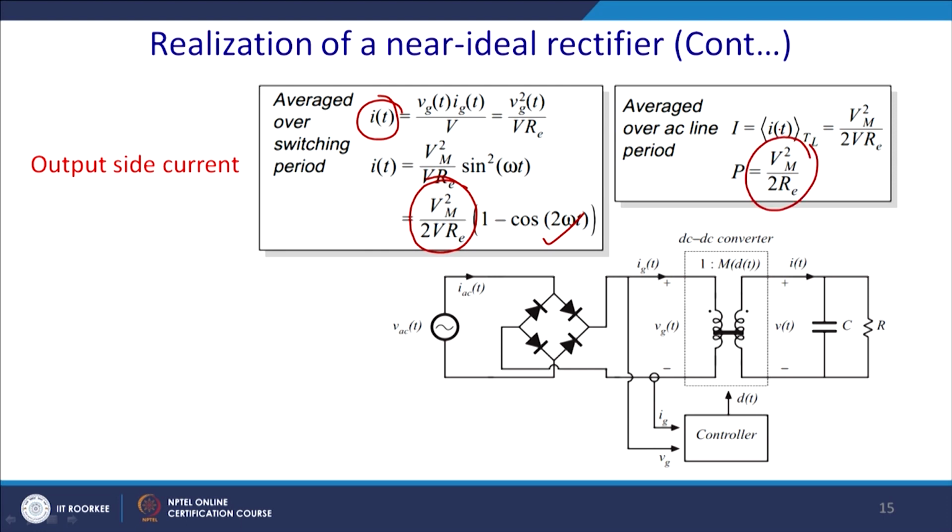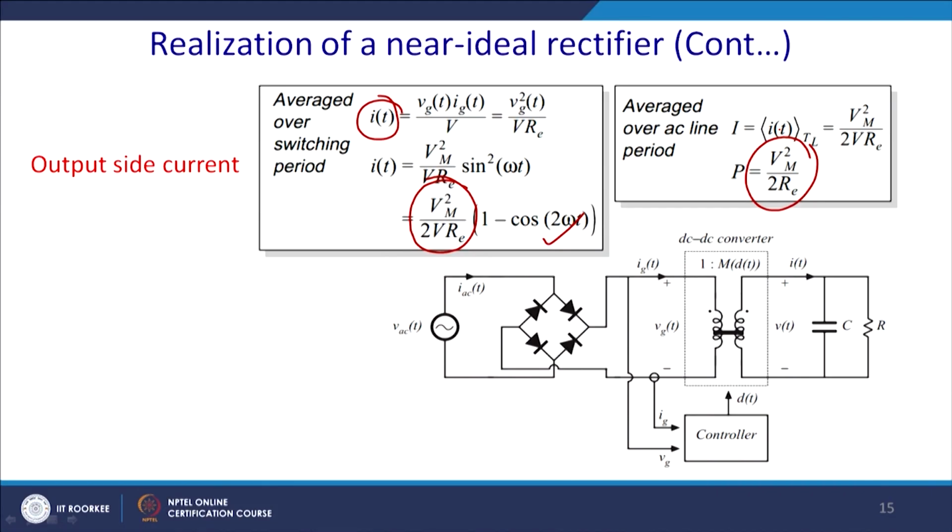So, this will be the power, that is V square m, the peak value, by 2 Re. So, this is the expression of the output side current, and this is the expression of the average AC input side current.